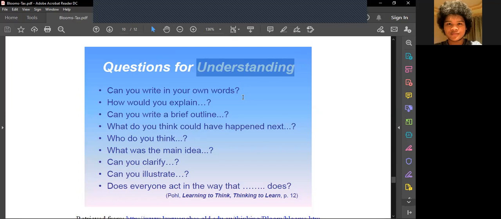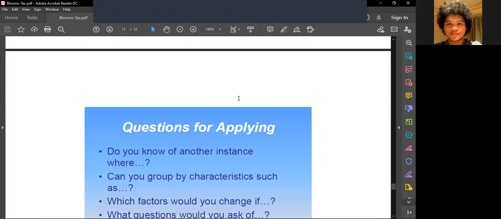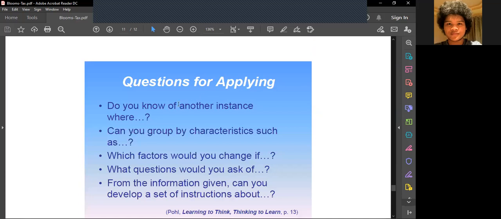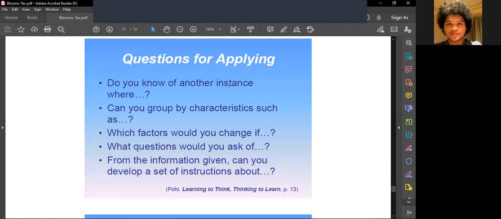Now for applying, it gives them the chance to see the real situation in which they could apply a solution or look at certain conditions in which it would be changed, and how they would see these changes according to an expected output.